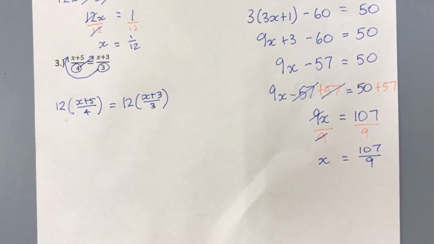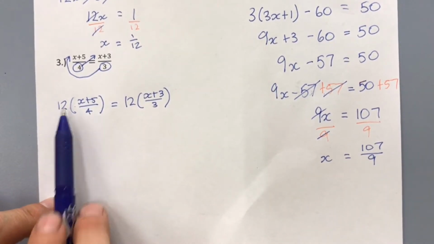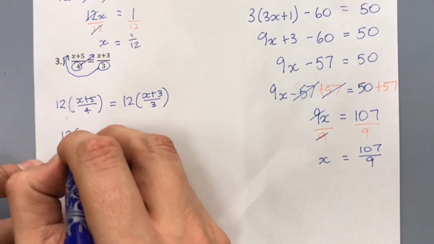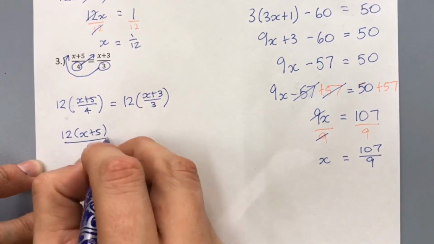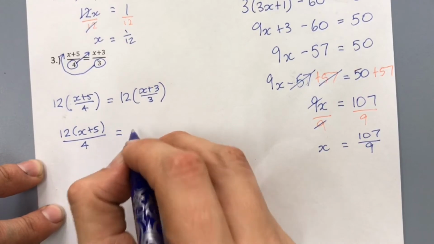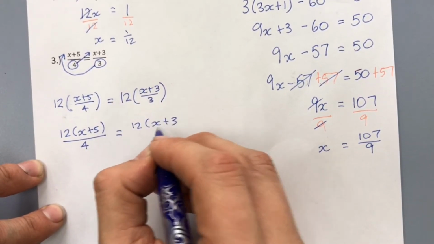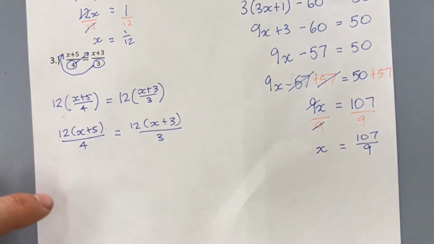I'm just going to show you why you can do it, and then you guys won't have to do this step. You can just go straight to the switching. This is the proof for why you can do the trick that I'm going to show you in a sec. Okay? So here, what we can look at is if this is 12, that 12 is going to multiply x plus 5 over the 4, and the 12 is going to multiply the x plus 3 all over the 3.